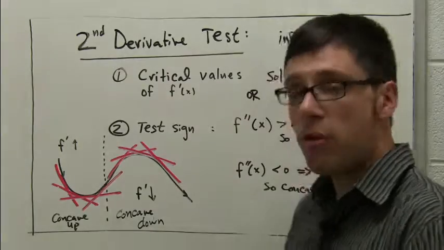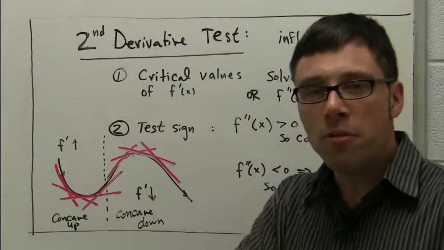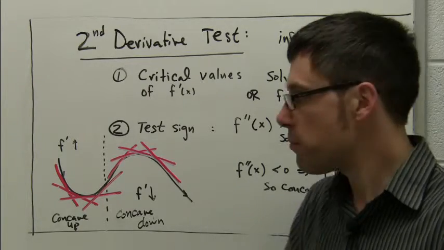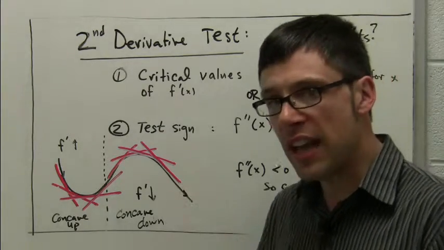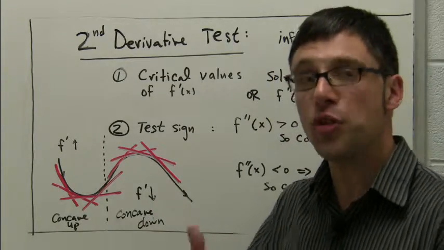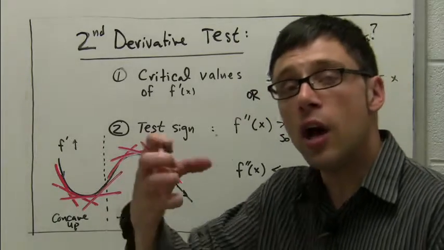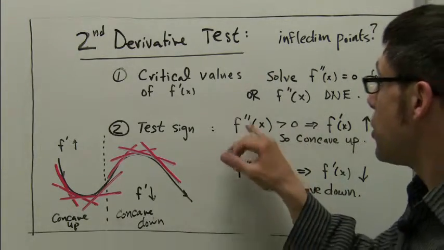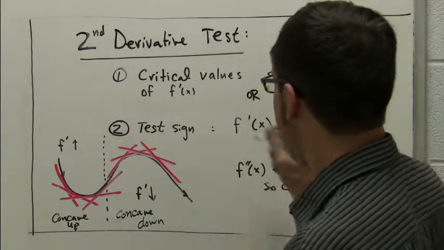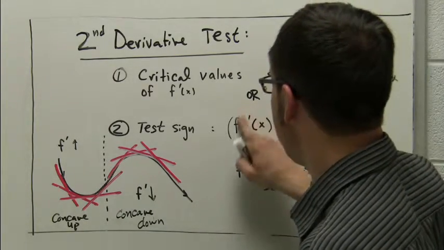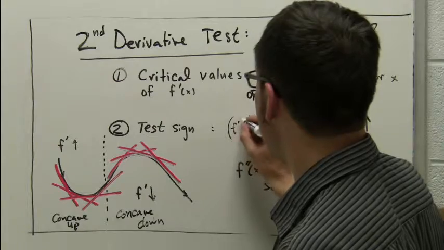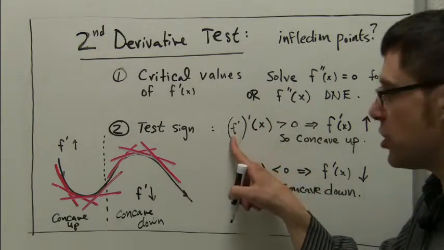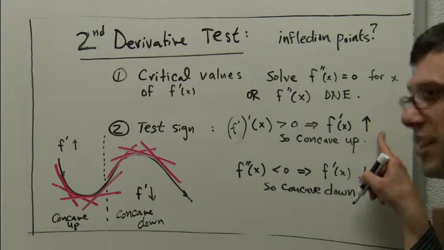Remember that the sign of the derivative of something tells me whether that something is increasing or decreasing. Since the second derivative is the derivative of the derivative, if f prime of f prime is positive, that tells me that the original function, which is the derivative, is increasing.